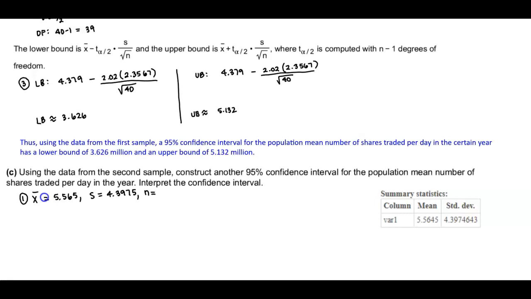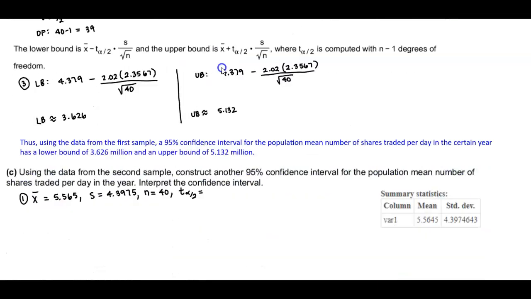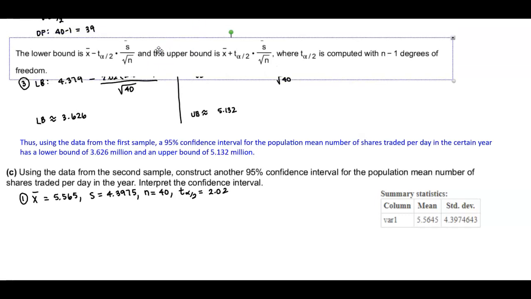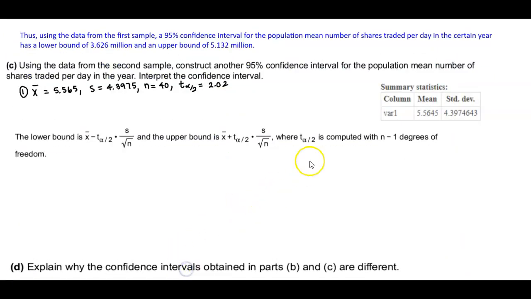We know that our sample size is 40. And what is the critical value? Well, the critical value is going to be the same as up here because it's the same sample size. So we know that our critical value is going to be 2.02. And so now we can use this formula to find the confidence interval.